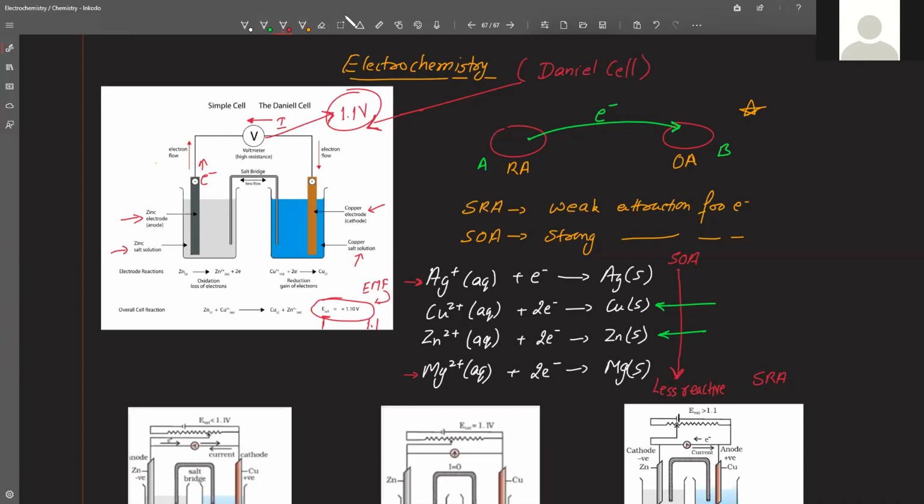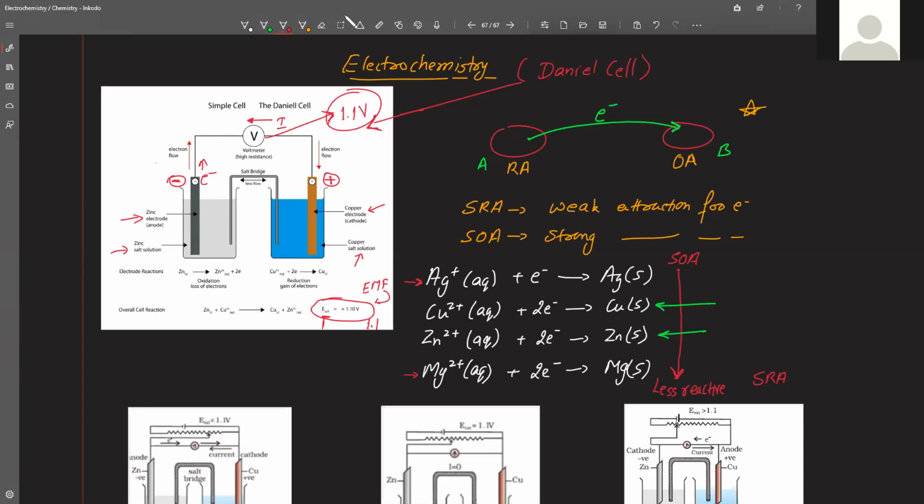That means this terminal is generating electrons and this terminal is consuming those electrons. So the one which is generating electrons will be called the anode, that is the negative terminal.